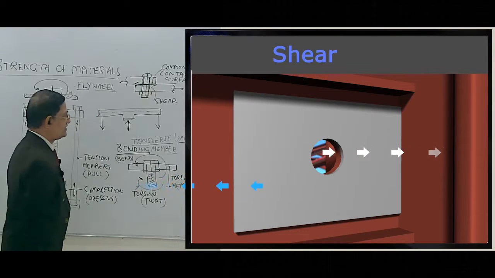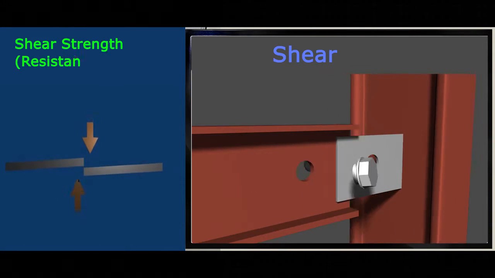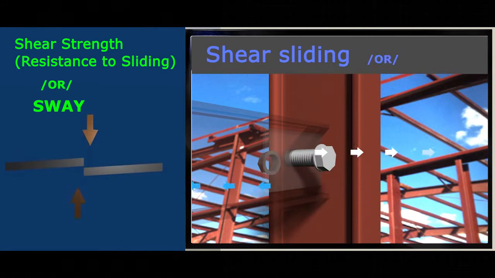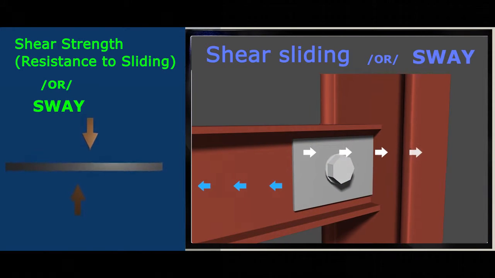The bolt is subjected to opposite forces at the section which is the common contact surface. This type of behavior or resistance to sliding is called shear.